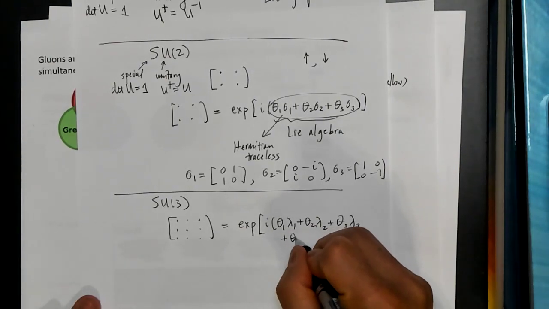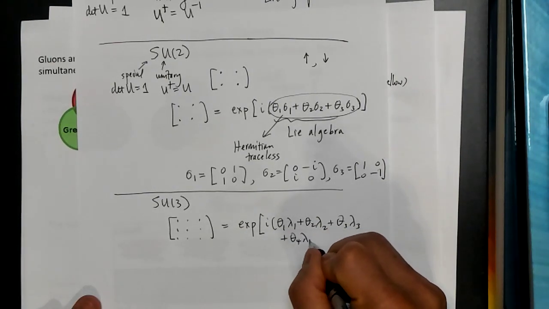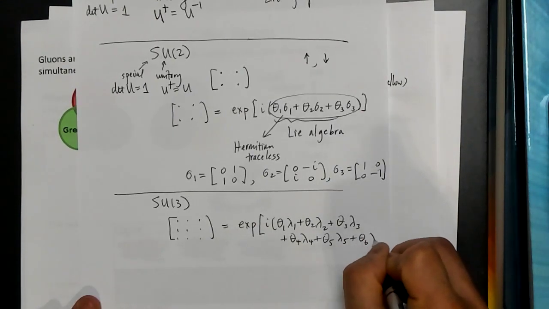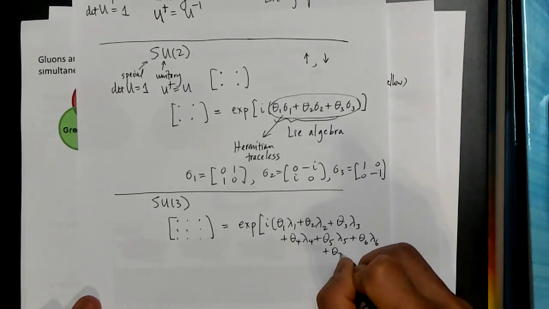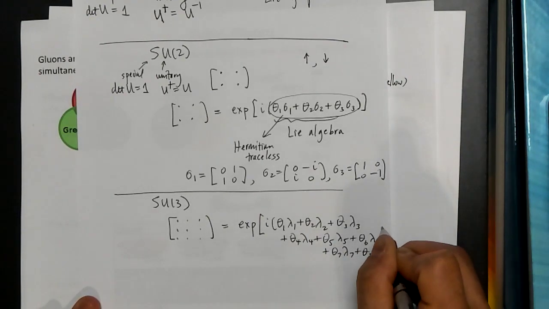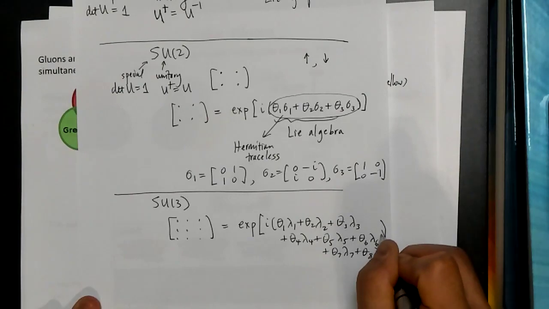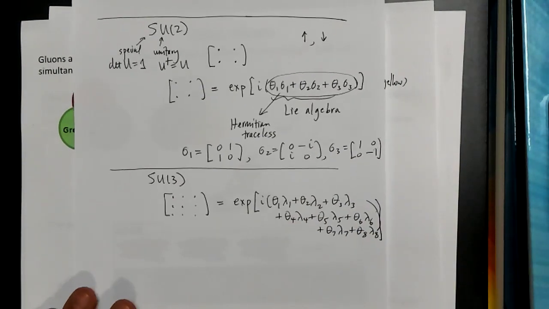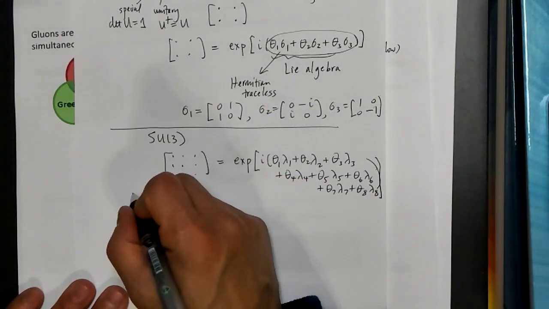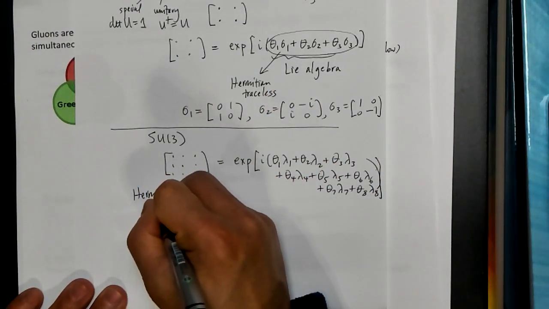There'll be 8 of them in this case. Theta 4 lambda 4, theta 5 lambda 5, theta 6 lambda 6, theta 7 lambda 7, theta 8 lambda 8. All right, and again, they will be the Hermitian traceless 3x3 matrices.